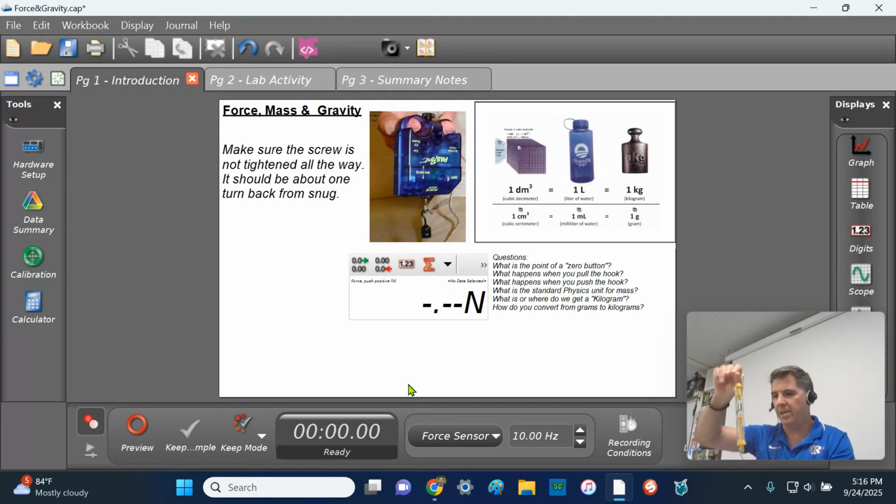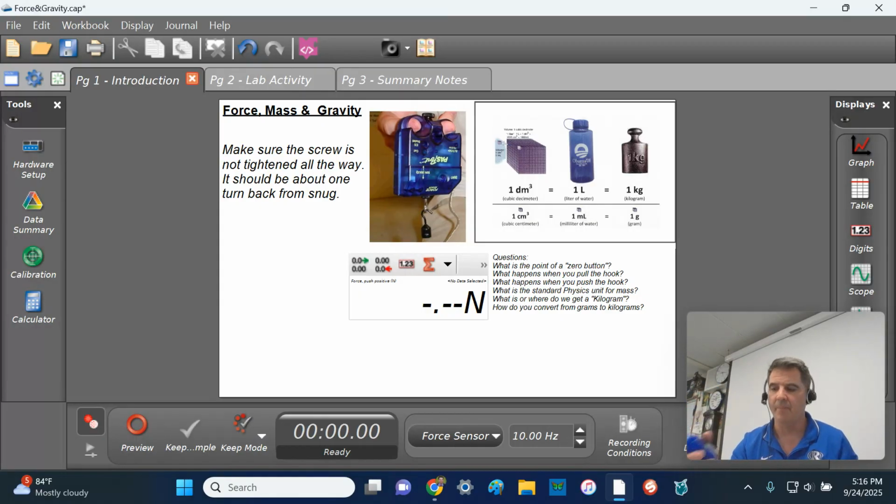So if I took this weight and put it on a spring scale, I could read the side, and it would tell me how heavy this object is, right? The heavier the object, the more the spring goes down, right? And so that's basically a spring scale. This is really a wireless spring scale that's going to give the information to the computer.